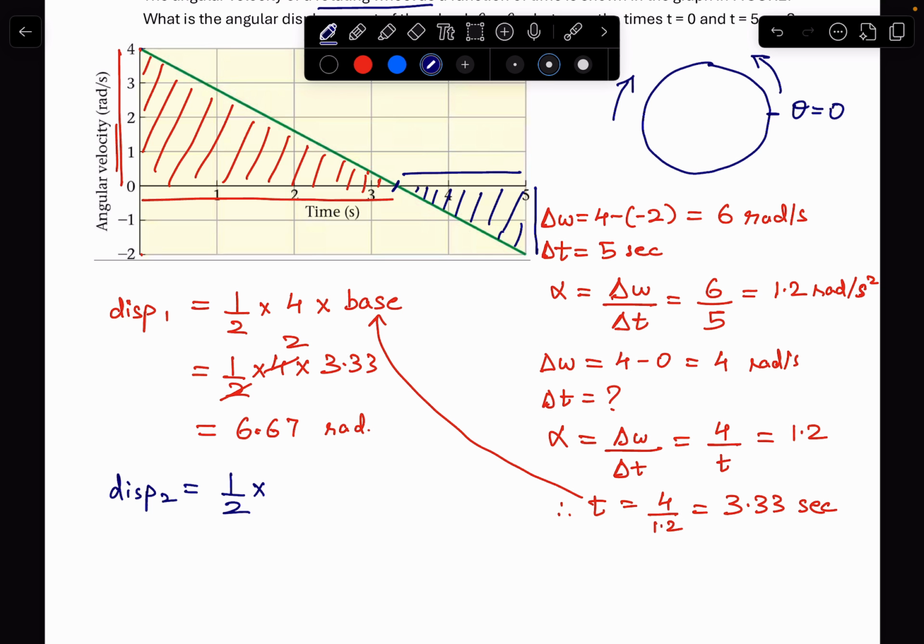So the height is 2 radians per second, and the base is 5 minus 3.33, because we know this entire thing is 5, and we just found out the red part. This is 3.33. So this will be 5 minus 3.33.